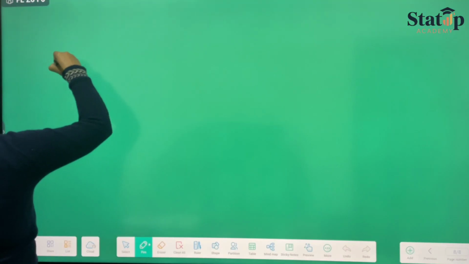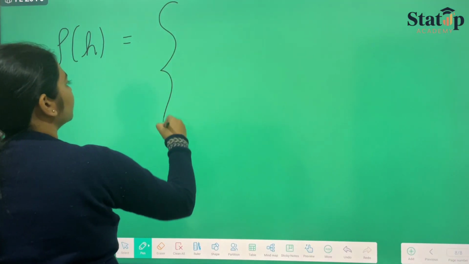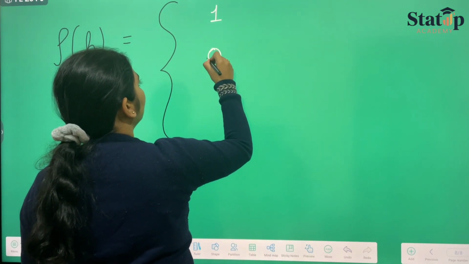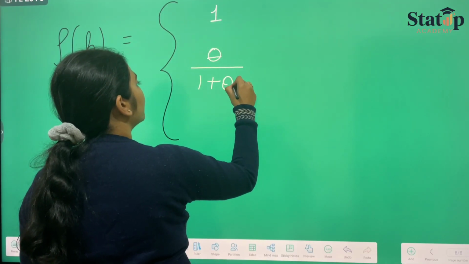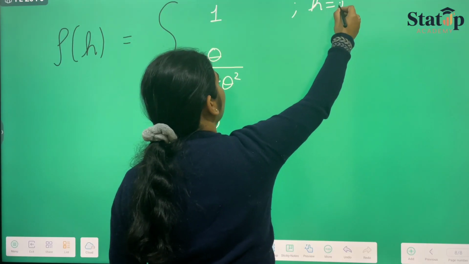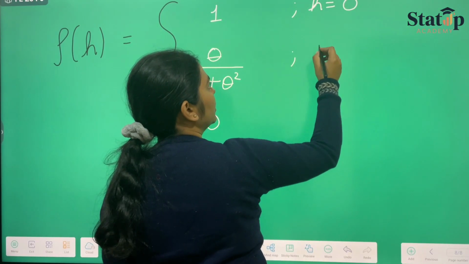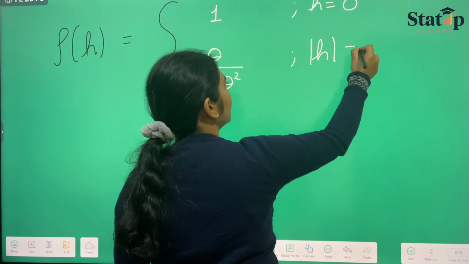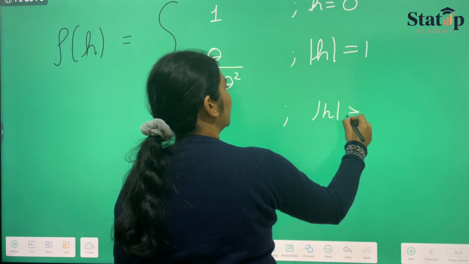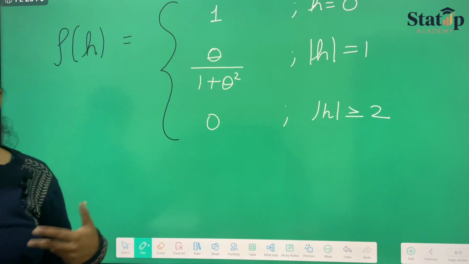So I can represent the autocorrelation function as 1 when h equals 0, theta upon 1 plus theta square when modulus of h equals 1, and 0 when modulus of h is greater than or equal to 2. This becomes our autocorrelation function.